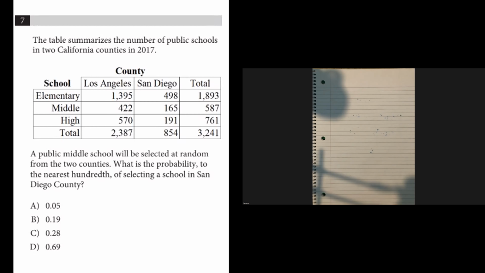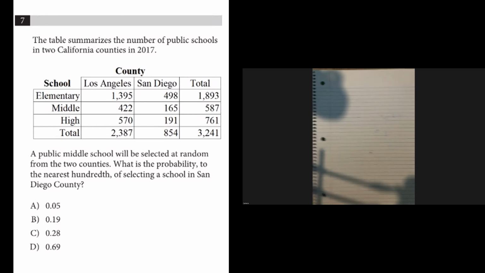Okay. And so question 7, this one's a statistics question.